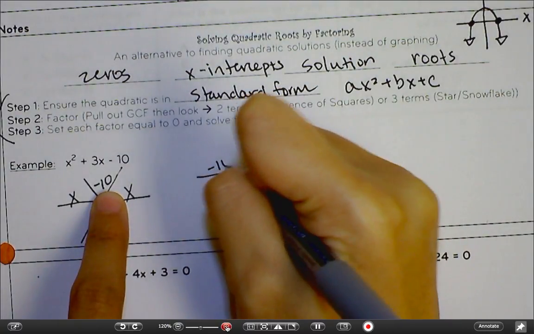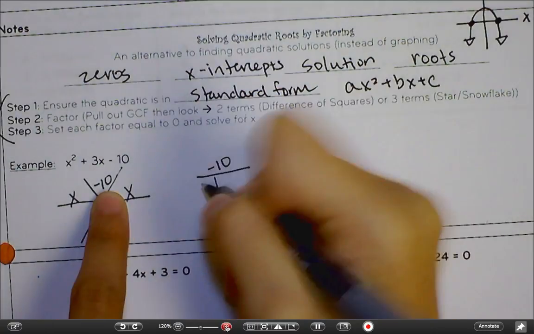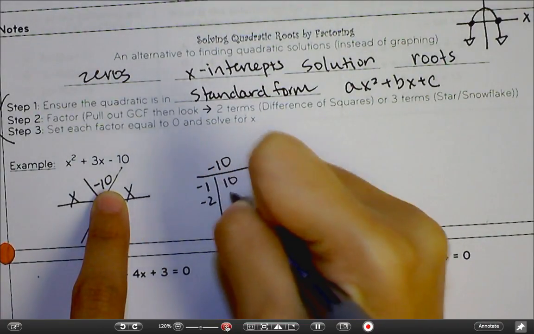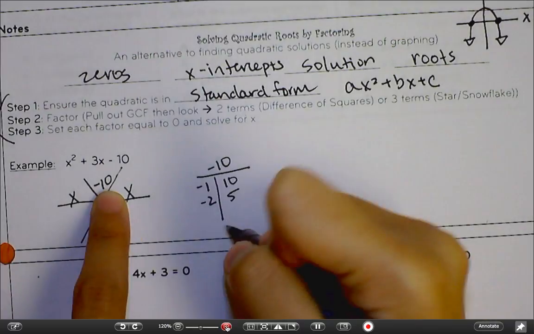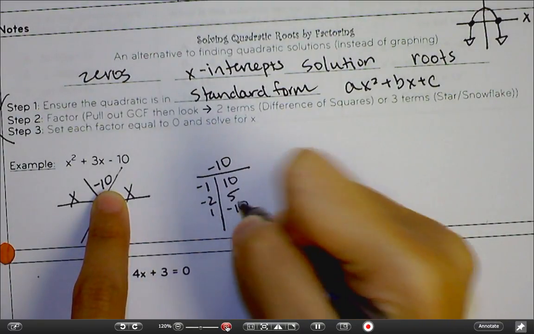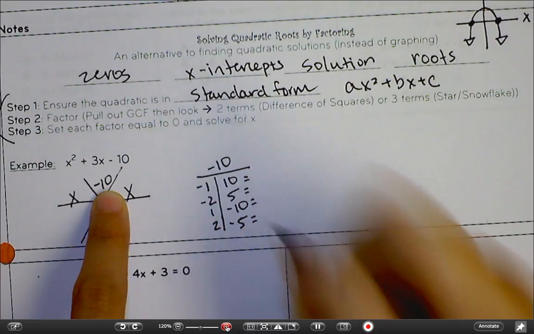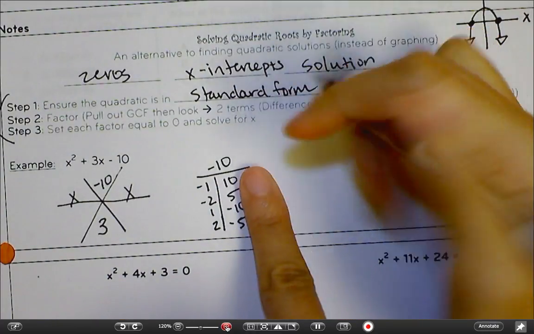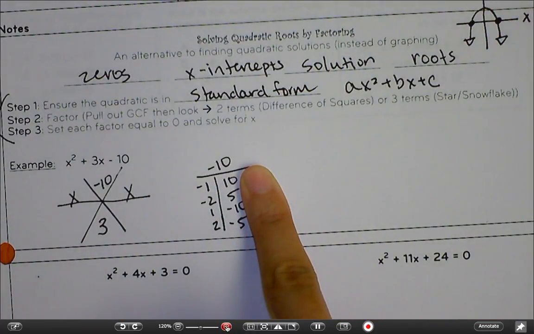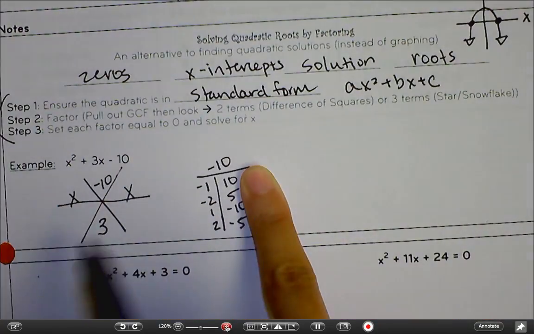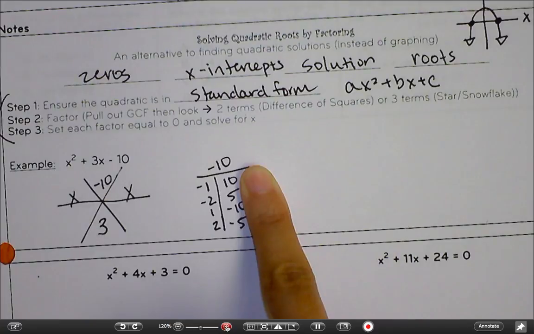So I want to find factors of negative 10. Negative 1 and 10, negative 2 and 5, then switch your signs, 1 and negative 10, 2 and negative 5. So here are all the factors that I have for negative 10 that could go in here. Now I need to add them together and see which one's going to give me positive 3.